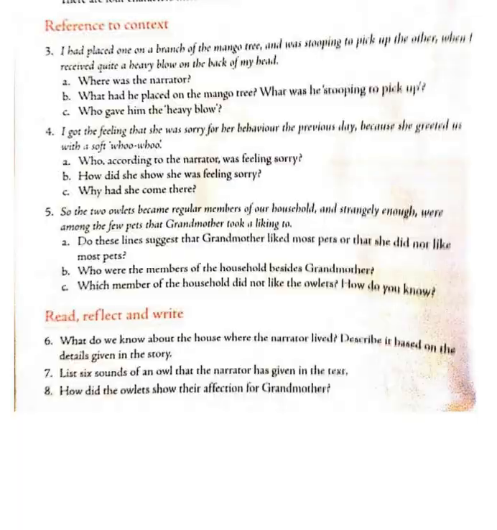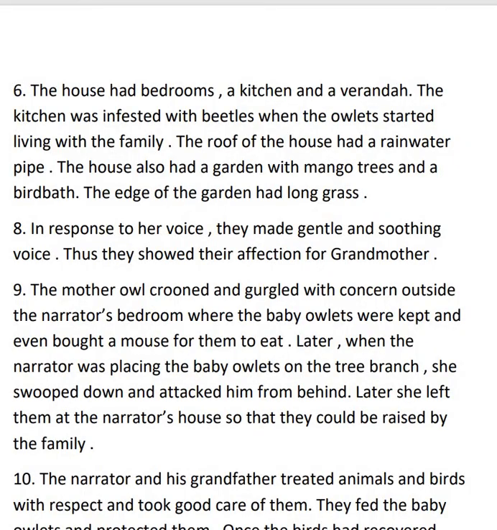Okay, the question number 6, the answer is: the narrator's house had bedrooms, a kitchen, a veranda. The kitchen was infested with beetles. You have seen what a beetle is. I have shown you the picture in your previous class.